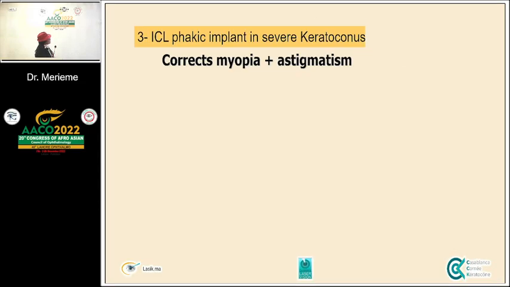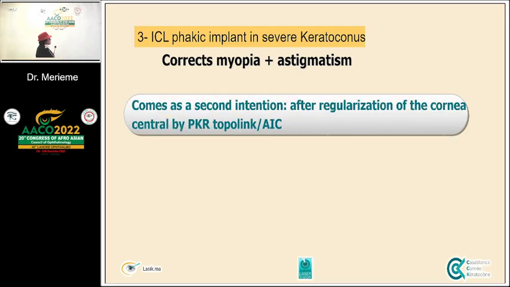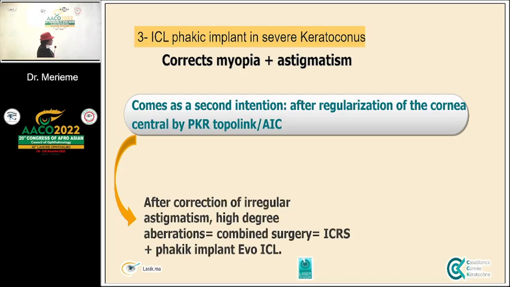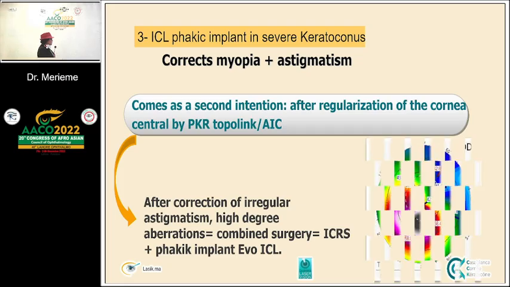ICL phakic implant in keratoconus corrects myopia and astigmatism, and comes as a second intention after regularization of the central cornea by topo-guided PRK or intracorneal ring. So after correction of irregular astigmatism and high order aberration, combined surgery: intracorneal ring plus phakic implant ICL.